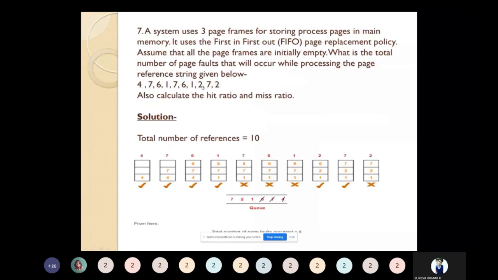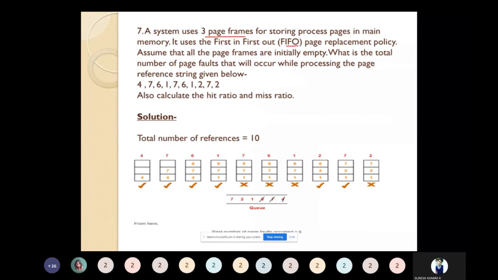Okay, the seventh question: the system uses 3 page frames for storing process pages in main memory, and it uses the FIFO method.